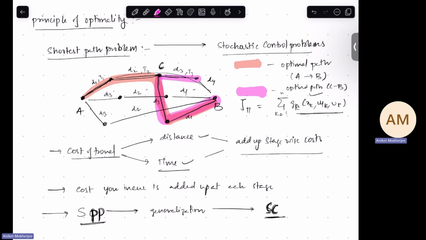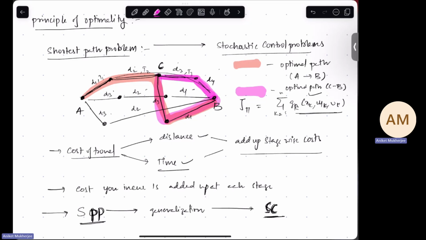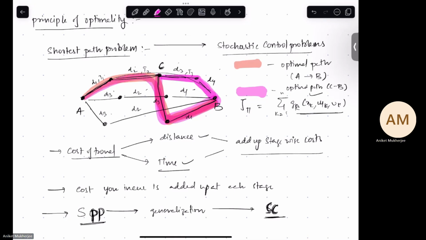It can't be this, because if this were your optimal path from C to B, then the other one can't be your optimal path from A to B. This observation is what we'll actually use to write down the principle of optimality.